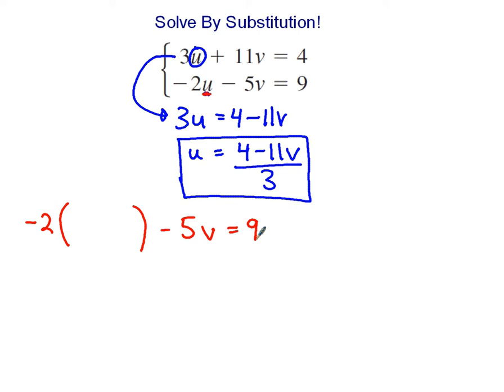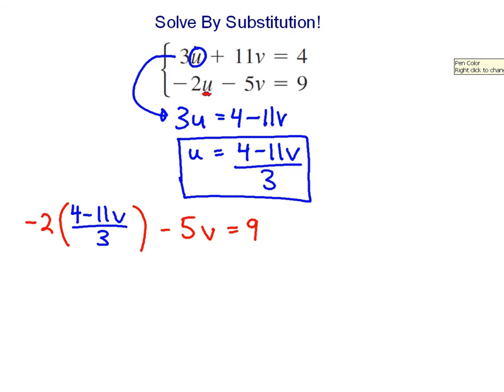The u, I'll write that in blue to keep it clear, is actually (4 minus 11v) all over 3. And you can see what we have now is one equation with only one variable. For that reason, we should be able to solve this and get an answer for what v is. Okay, so I will switch back to red and solve this.